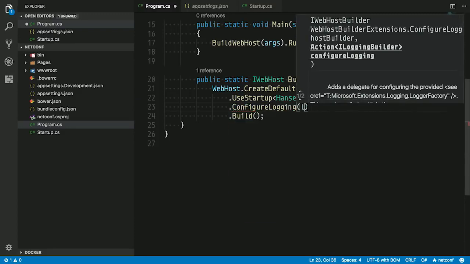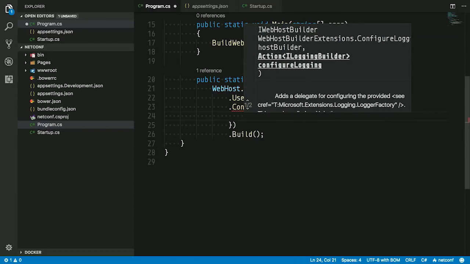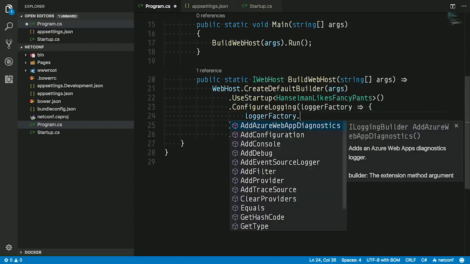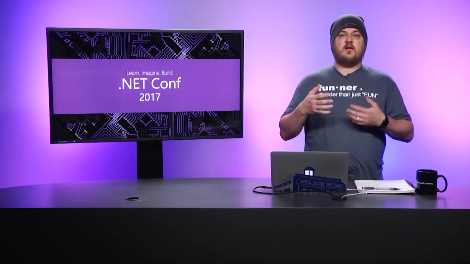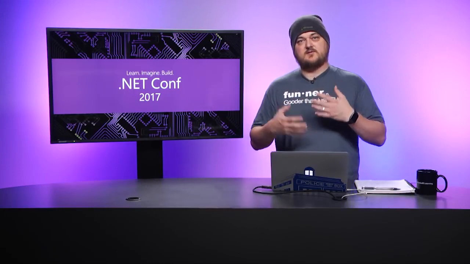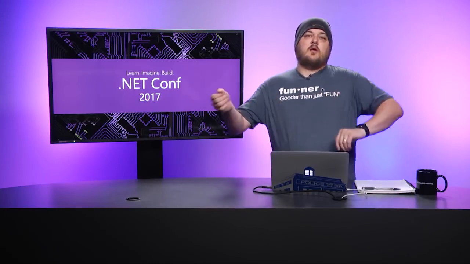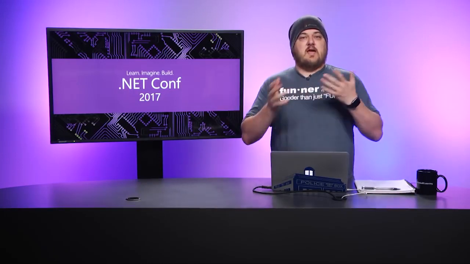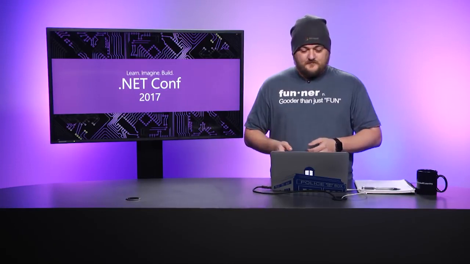You can accept a logger factory in here and say loggerFactory.Add, and from here you can add more log sources. Now, unlike configuration, the order that you add these sources isn't as important. The logging goes to all of them. You just need to add all the ones that you want.